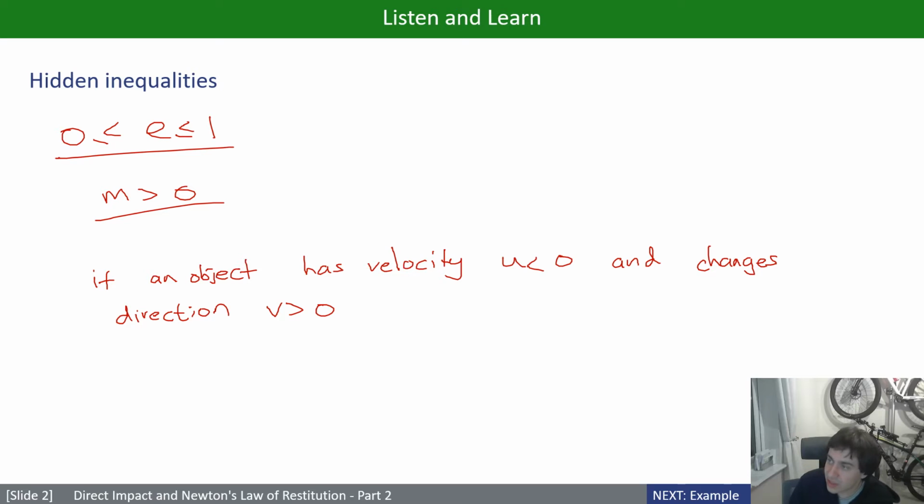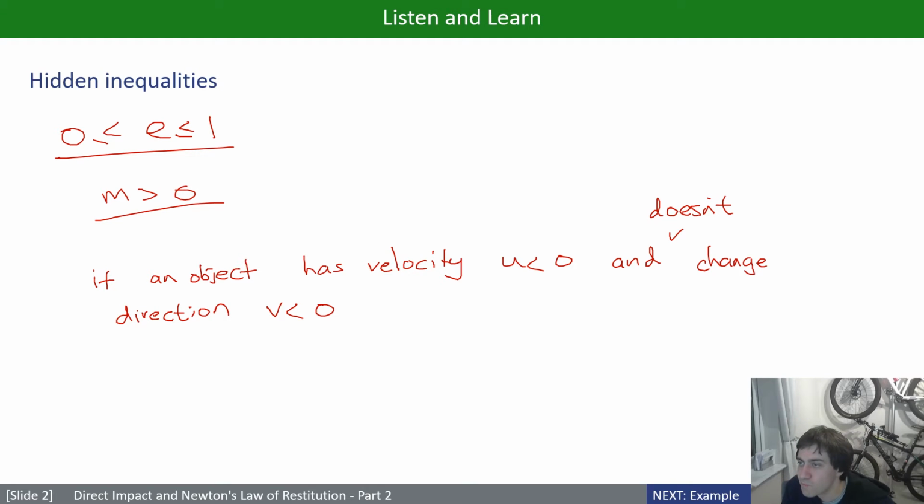And in addition to that, if you're told it doesn't change direction, then of course you're going to keep the inequalities the same. So if you ever get any wording in a question which says the object changed direction or it didn't change direction, this is how you need to set it up in terms of inequalities. State the final velocity as either being greater than or less than 0 accordingly.